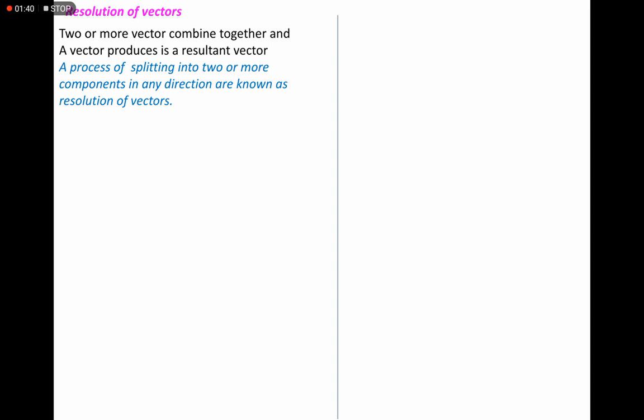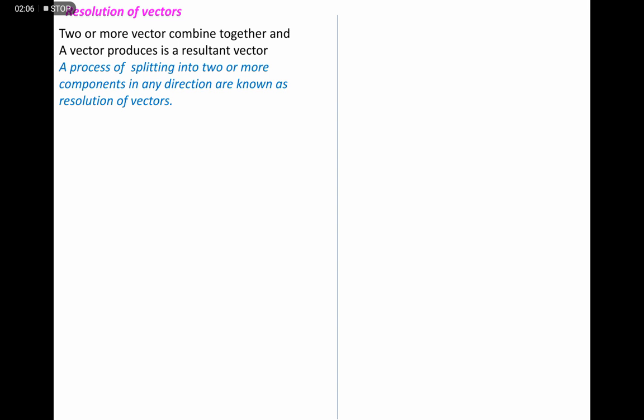Now here, resolution of vector, the process of splitting a single vector into two or more components in any direction, is known as resolution of vectors.